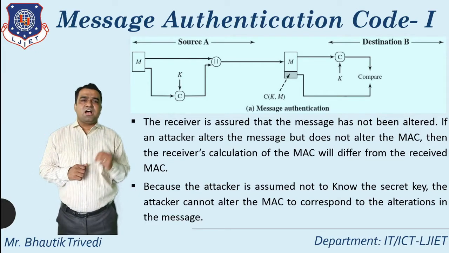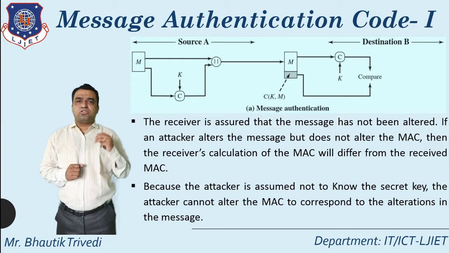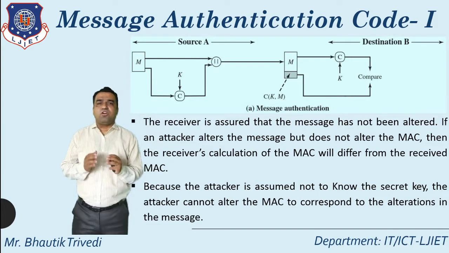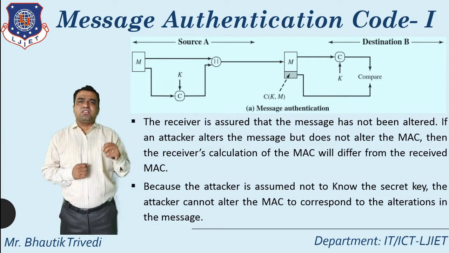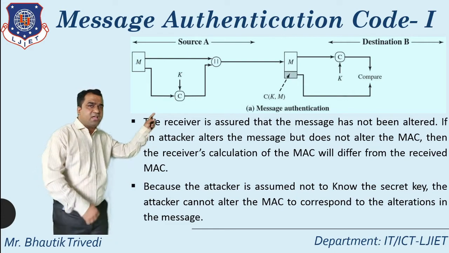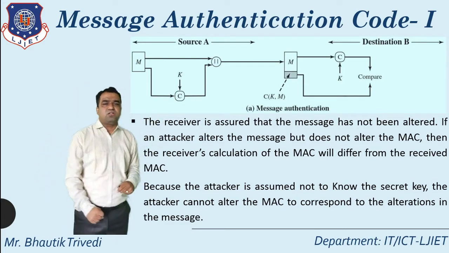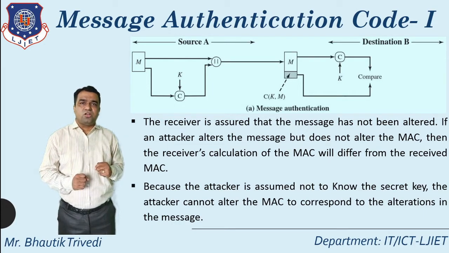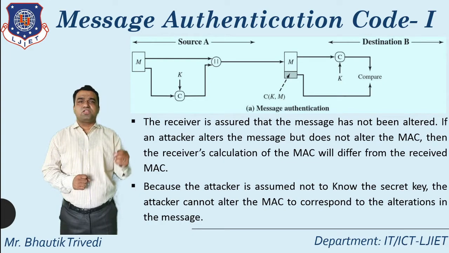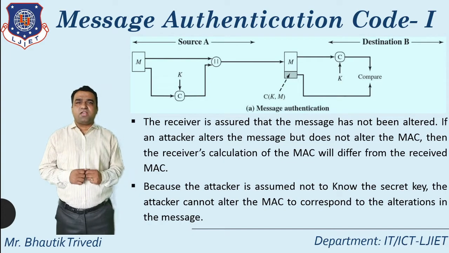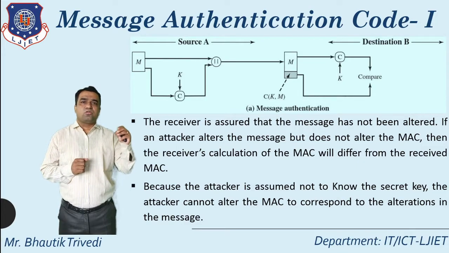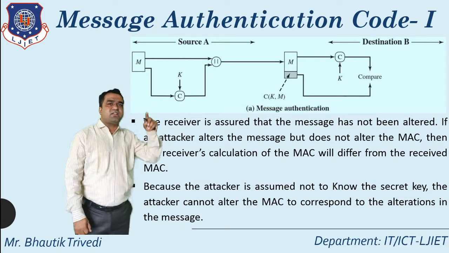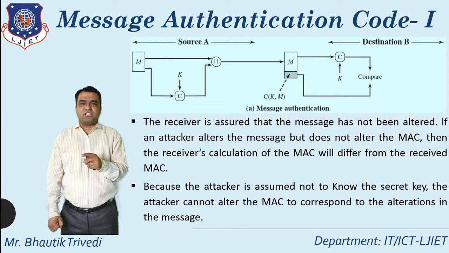Here you just see how I generate the MAC. That's the diagram for generating a MAC. First of all, one message is there. On this message, you apply the cryptographic checksum function. Whenever you apply the cryptographic checksum function on a message, you use K. What is the meaning of K here? K means key. So this can be written as C(K, M).